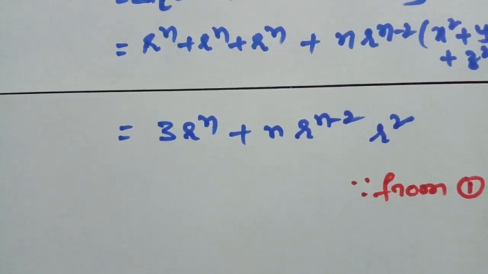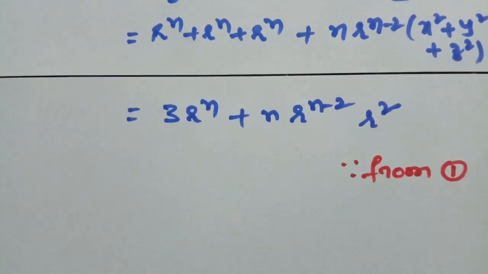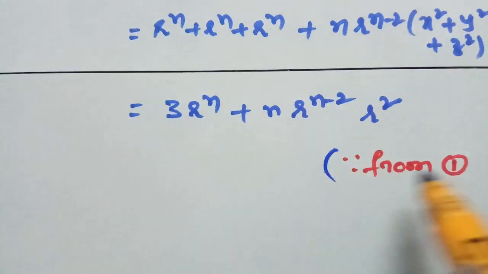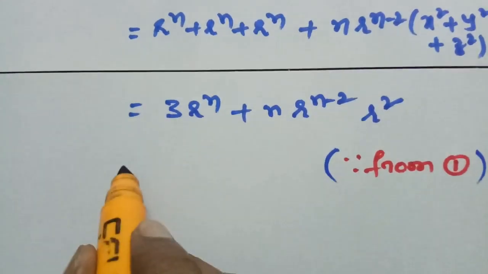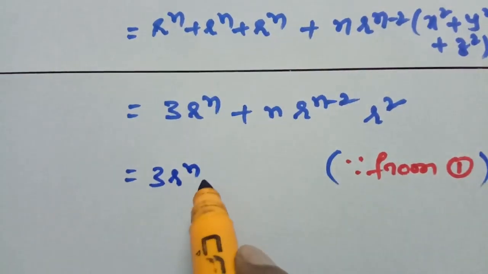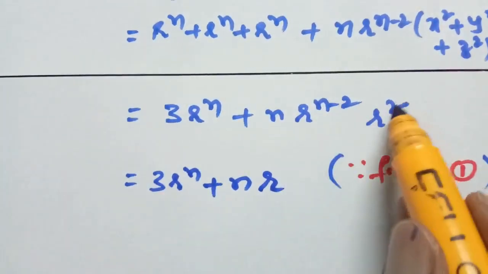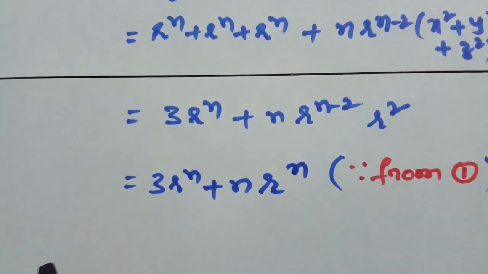Therefore simplify: 3 into r power n plus n into r to the power of n minus 2 plus 2, that becomes n.